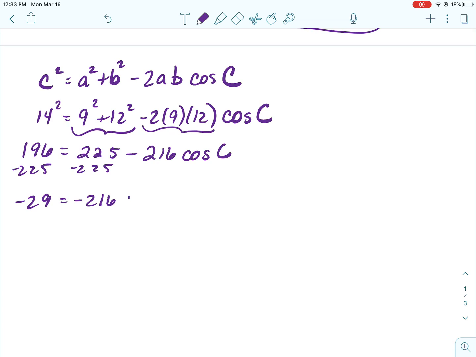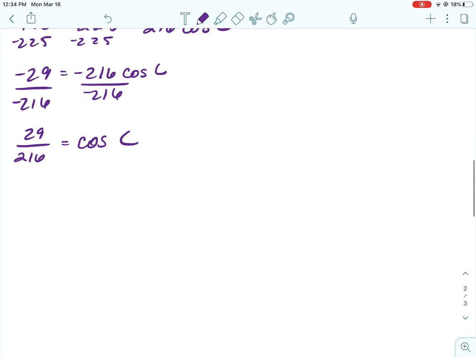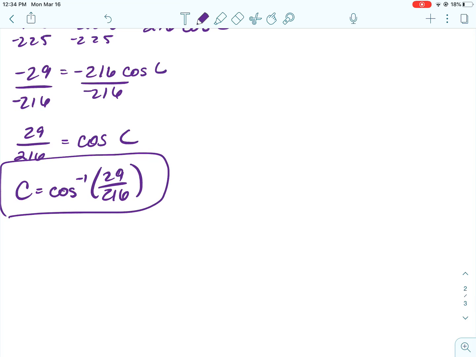And then subtracting. Dividing. And so C should be the inverse cosine of that fraction.